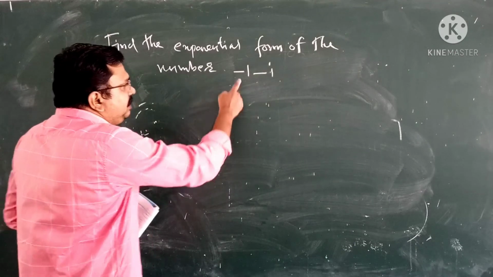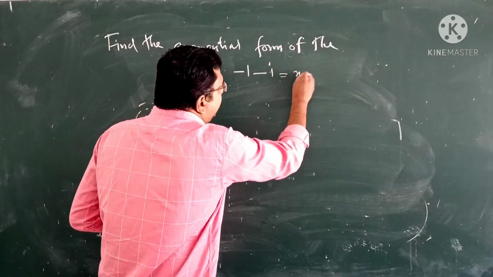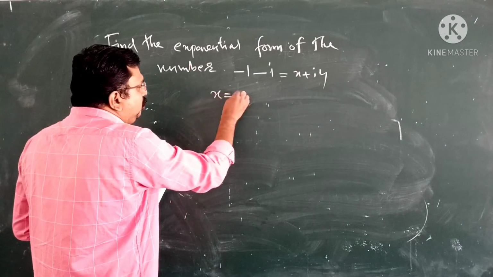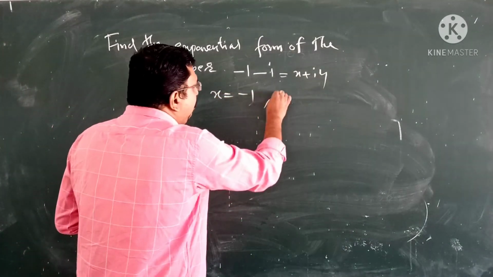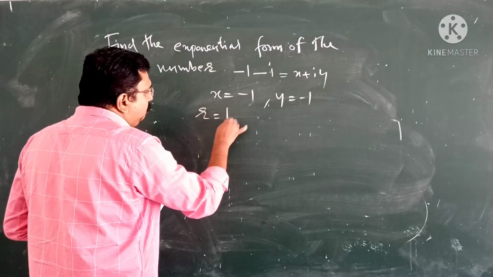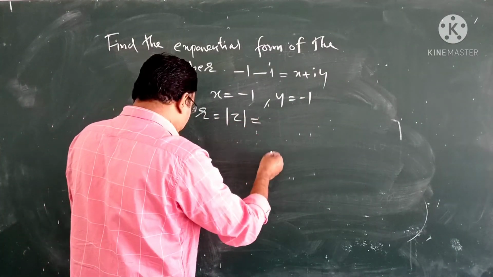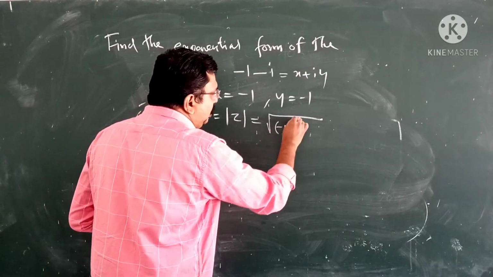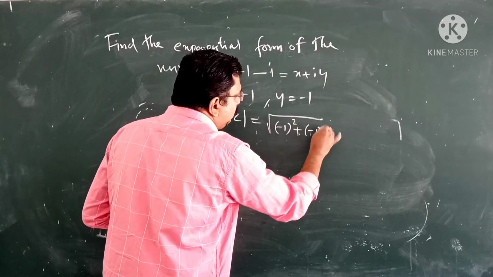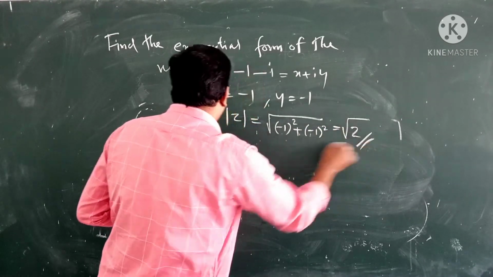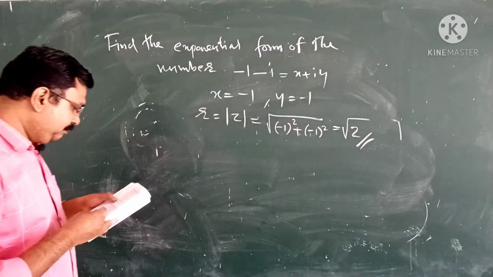Here, when comparing this with x plus iy, we obtain x equal to -1, y equal to -1. Then r equals mod z equals root of x square plus y square, that is root of (-1) square plus (-1) square, that is equal to root 2. Okay, r equals root 2.